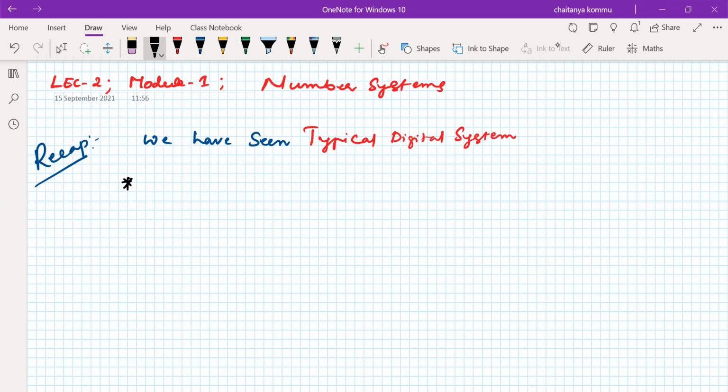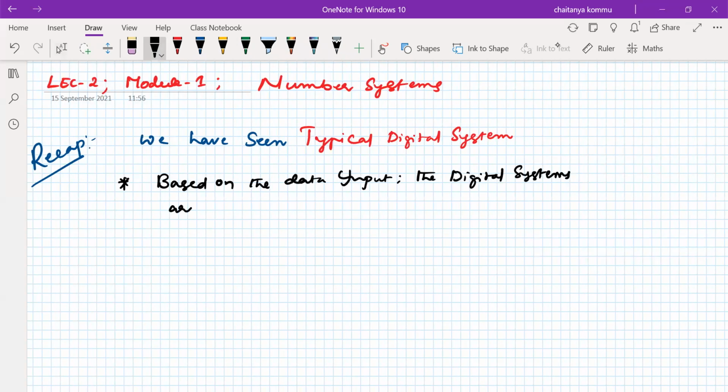Based on the data input, digital systems work in a better manner. So how is the data input represented?